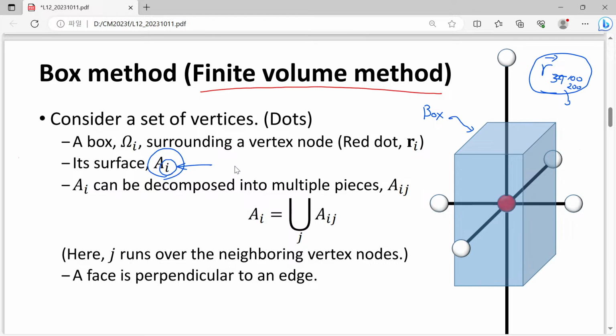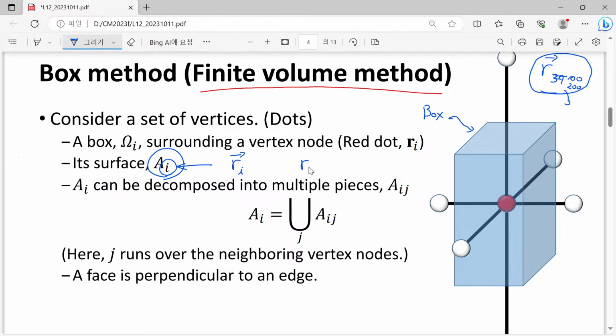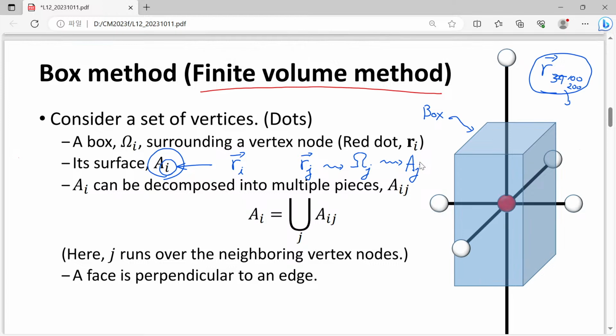It is because this corresponds to R sub I. If we have another R sub j, then of course we can think about another box omega j, and its surface will be called A sub j. Are you with me? So everything looks quite obvious.